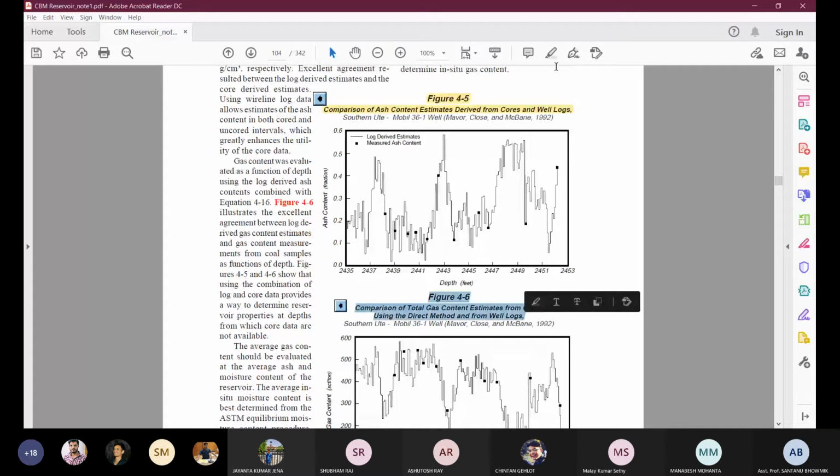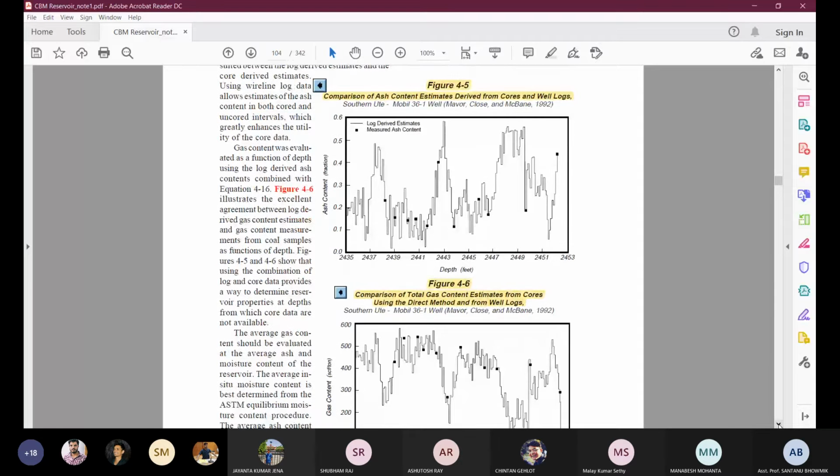So I am just skipping some points and only discussing those which are very useful to you. Now in this graph, I have told you that total gas in place calculation is very important. So how dense is your reservoir? To get the density, we collect the sample and measure the density of the coal sample in the laboratory analysis.